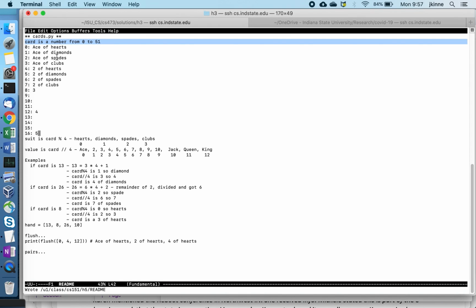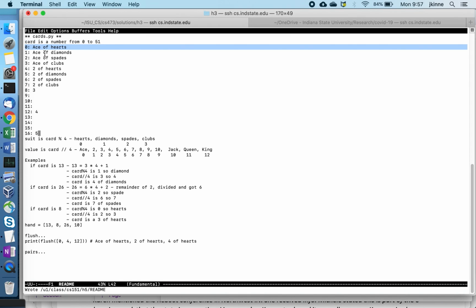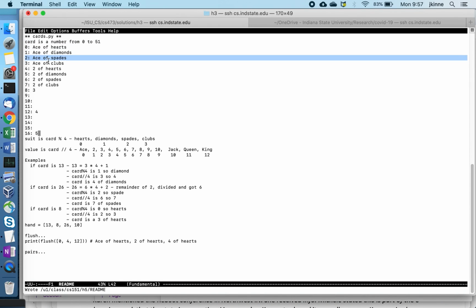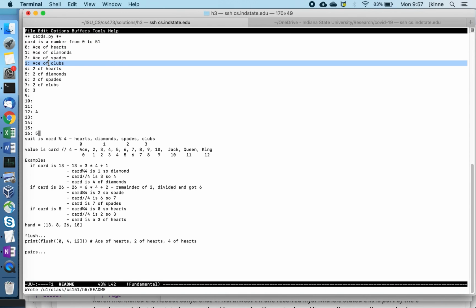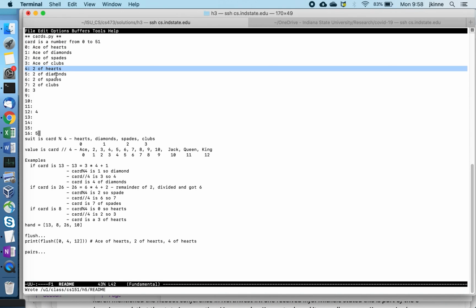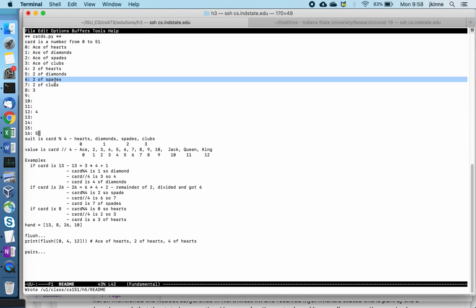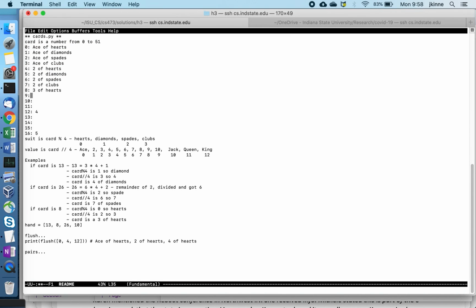There's 4 aces, so ace of hearts, ace of diamonds, ace of spades, ace of clubs, and ace means 1 in playing cards, and a 2 of hearts, 2 of diamonds, 2 of spades, 2 of clubs. Then there are 4 different 3s as well, a 3 of hearts, a 3 of diamonds, a 3 of spades, a 3 of clubs, and so on.